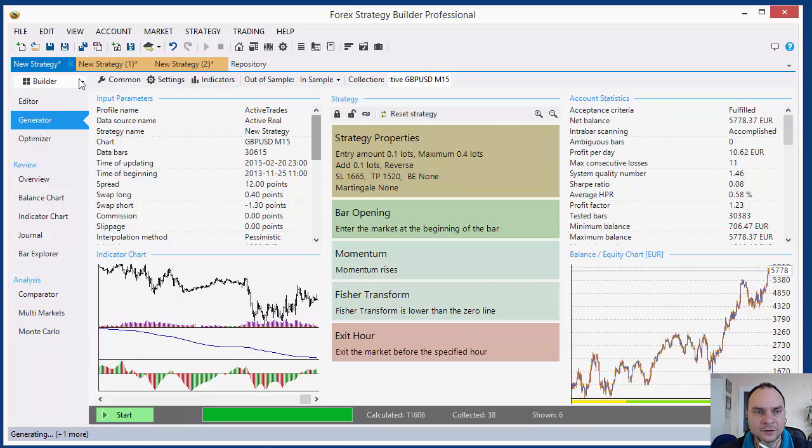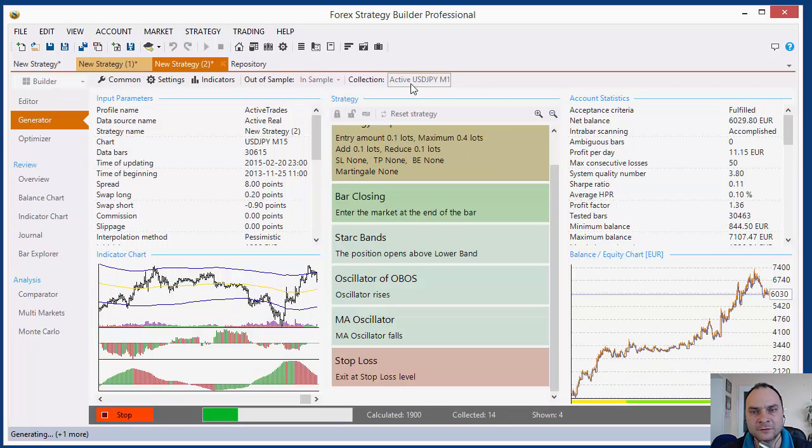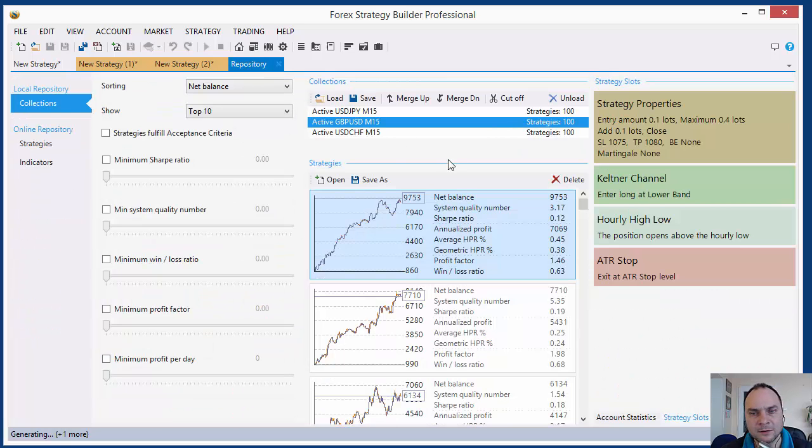When the generators are running, they push strategies into a collection. Here, before starting the generator, we can write the collection name, and I set a different collection for every symbol. And now I have 3 collections here.